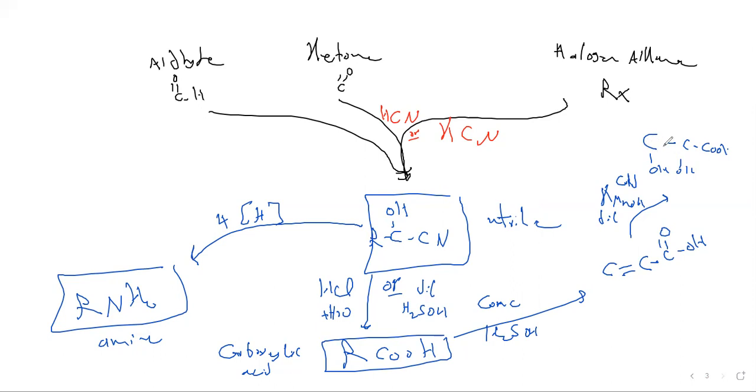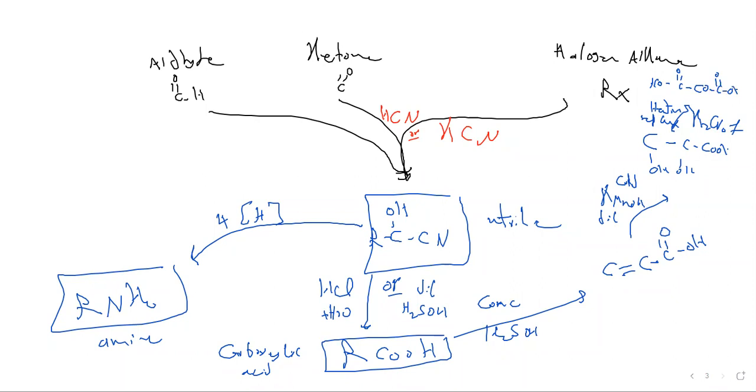If we make heating under reflux in the presence of potassium dichromate, it will change into CO with COOH, COOH, dicarboxylic acid.